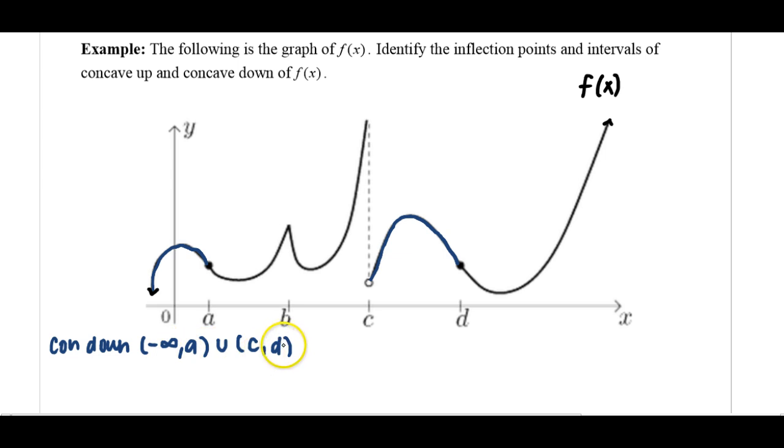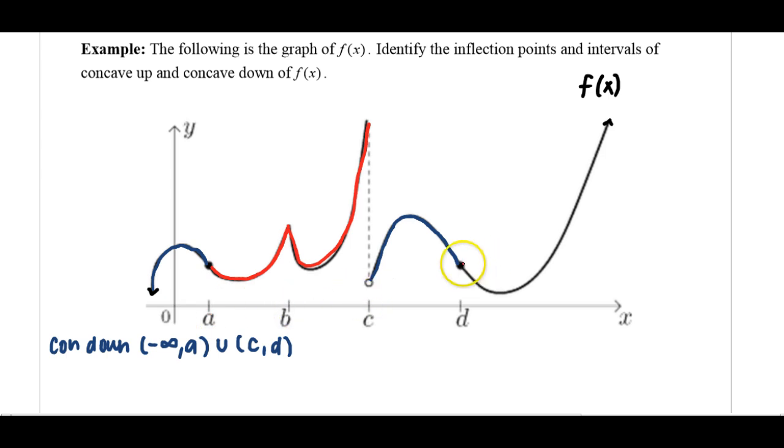And just like intervals of increasing and decreasing, they're defined to be open intervals always, so we don't have to consider the endpoints. Now I'm going to highlight my graph wherever it looks concave up. So I look like a concave up or upward facing bowl on this region here and on this region here, so on the intervals from a to b and b to c.